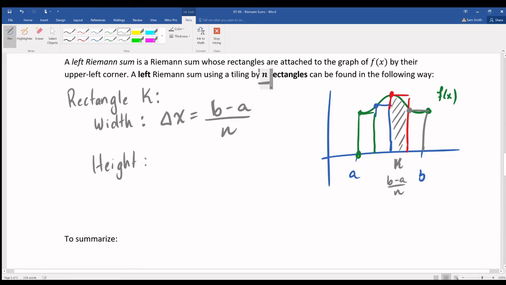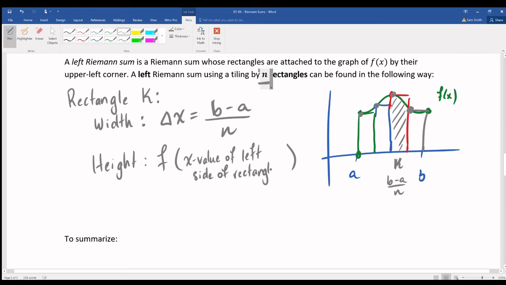Okay, so now we have to figure out the height of rectangle k. And the height is going to be based on the function's output value. So let me write just temporarily, the height of this rectangle will be the output of function f if we plug in the x value of the left side of the rectangle.